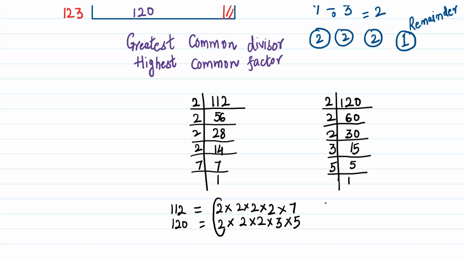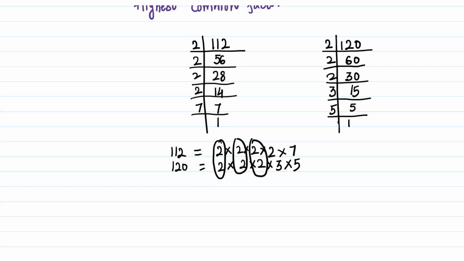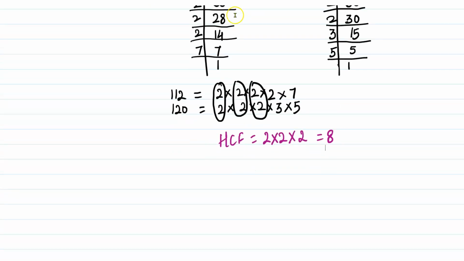Here we can clearly see the common factors. So what is the HCF of these two numbers? Yes, the HCF will be equal to 2 times 2 times 2, which is 8. That means 112 and 120 will give remainder 0 when divided by 8.